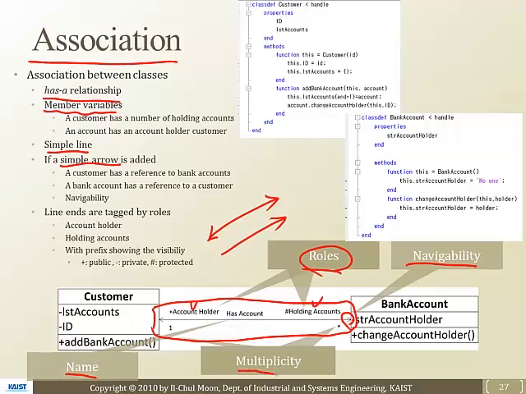And finally, what we have is the star or one specifying the multiplicity, okay? Line ends are tagged by roles, right? Like this, and it also shows visibility options, which you are not going to cover in the MATLAB setting, but there are those options.